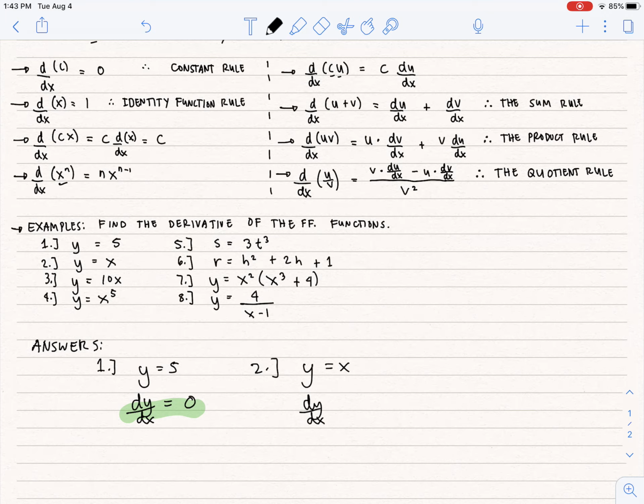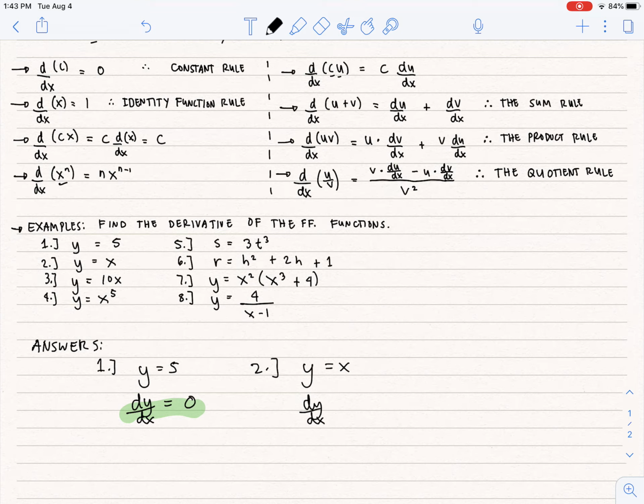Remember, the derivative of x is 1, but if it is y, it will not become 1, because we are differentiating with respect to x. Since this is y, this is its derivative. Okay? I hope that is clear. So we are only going to focus on the independent variable.